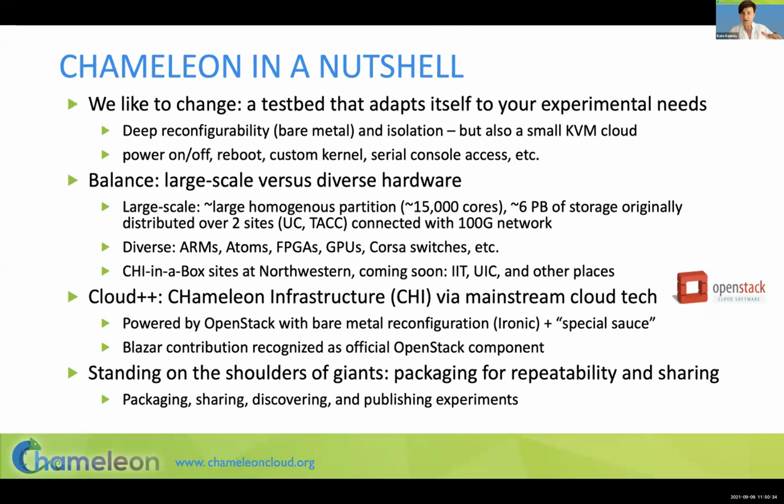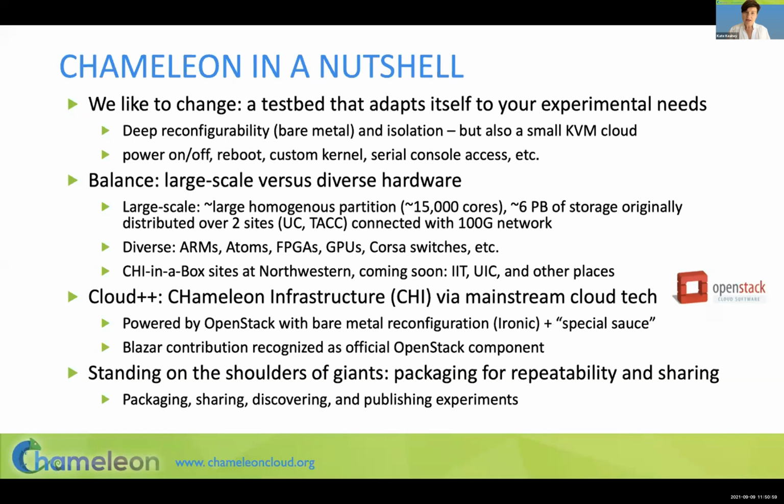We have a large homogeneous partition. We've got about 6 petabytes of storage. That was originally distributed over 2 sites at University of Chicago and Texas Advanced Computing Center. More recently, we have been joined by a number of other sites that were not part of the original Chameleon plan.